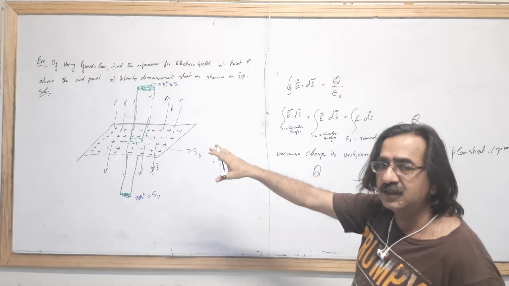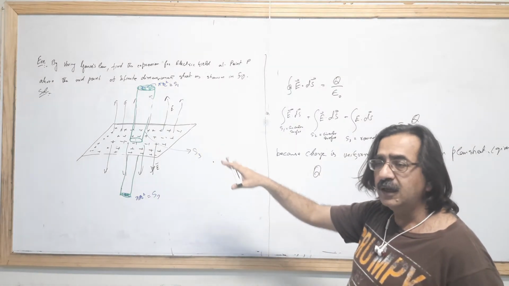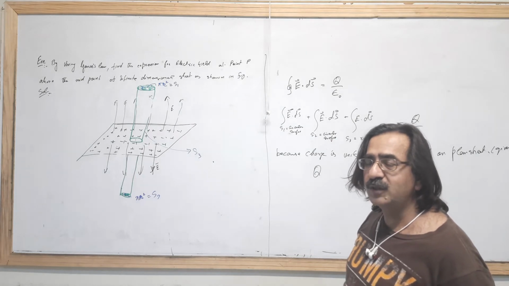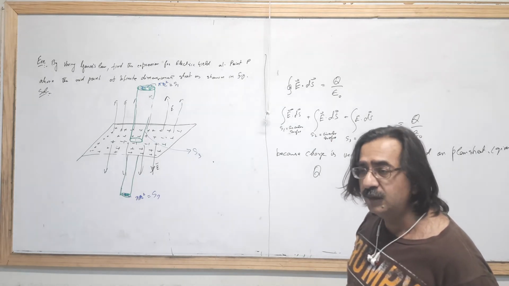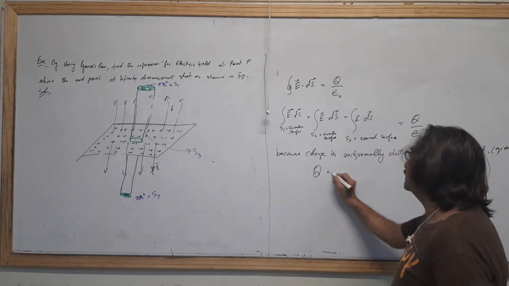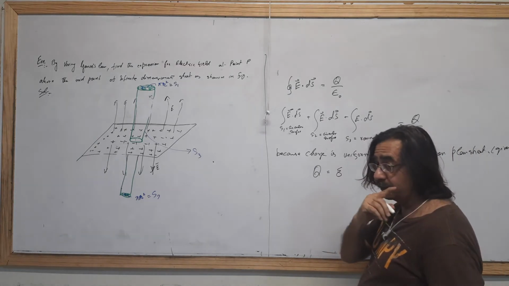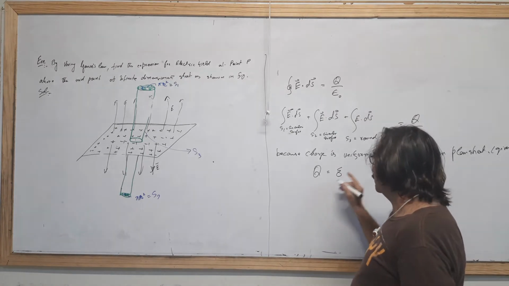Because the sheet is a plane, the charge will be distributed uniformly as a surface density, and surface density is represented by sigma, charge per unit area.